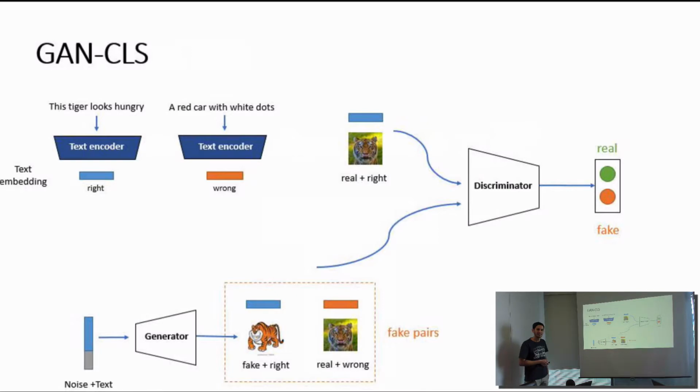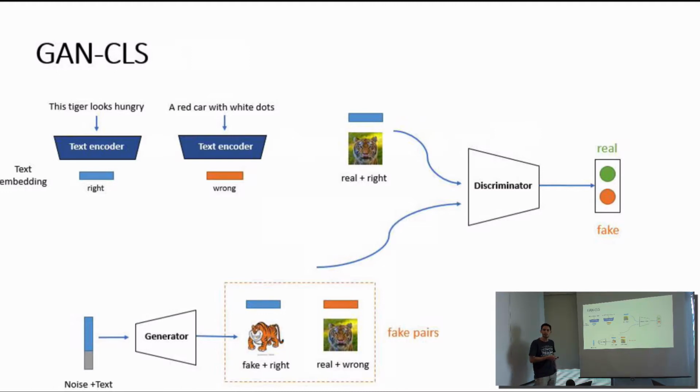It should be three lines: real and right, real and wrong, and fake and right, because the generator just generates the fake image. Exactly, this is why this arrow enters. Yes, I agree, the presentation here is a bit confusing. Here I just represent the fake examples, what is supposed to be considered fake by the discriminator.